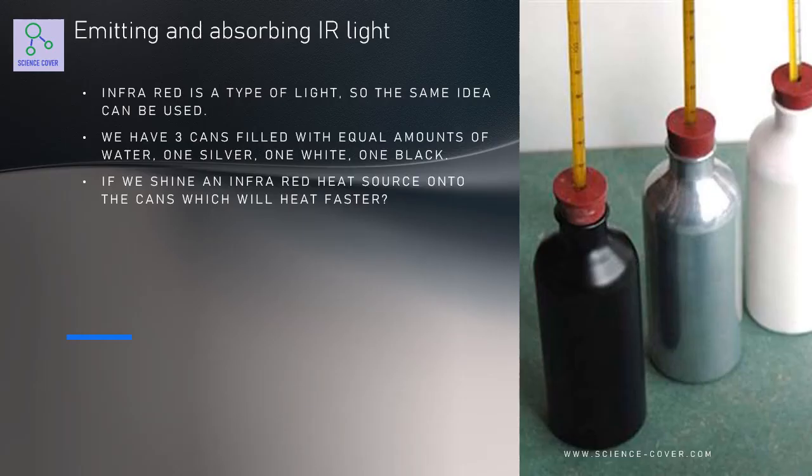Infrared is a type of light, so the same idea can be used. If we have 3 cans and fill them with an equal amount of water, one silver, one white and one black, and then shine an infrared heat source onto the cans, which would heat faster?